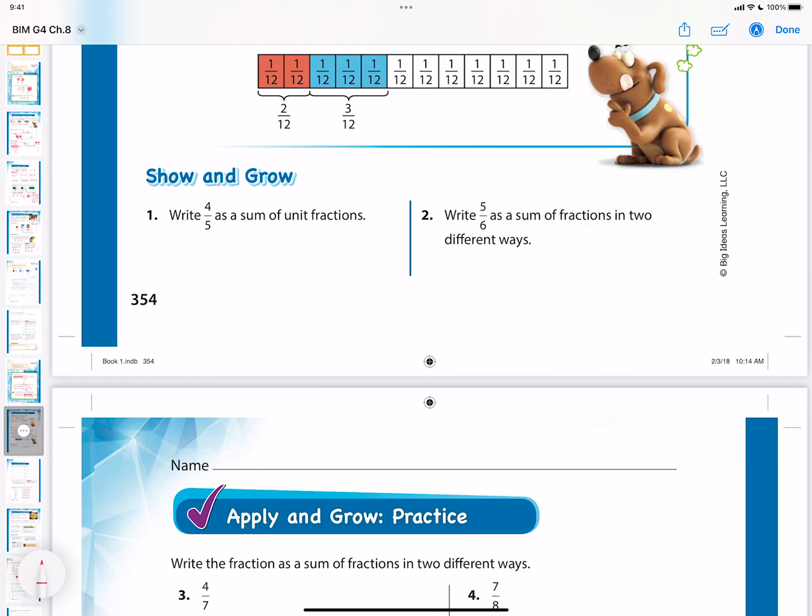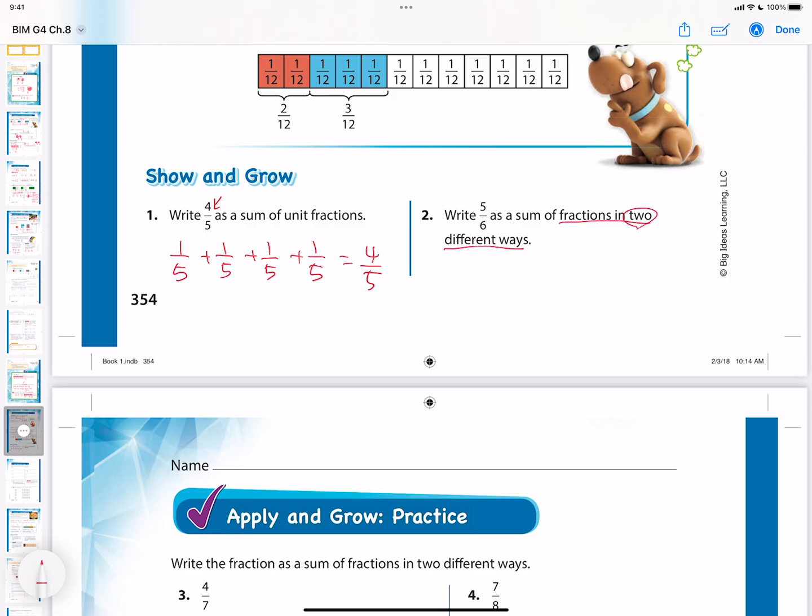All right, write 4 over 5 as a sum of unit fractions. How many 1/5 can be there? 4 of them. That is equal to 4 over 5. Now, number 2, write 5/6 as a sum of fractions in two different ways.